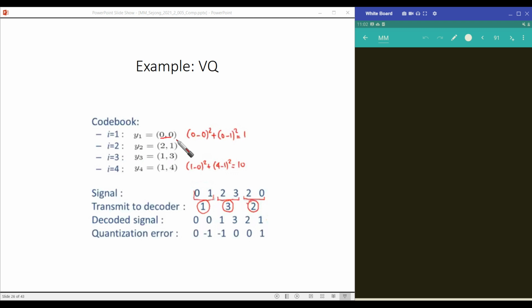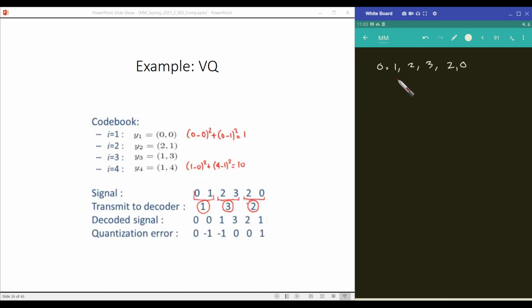Now let's say the signal coming from our input source is 0 1 2 3 2 0, like this.